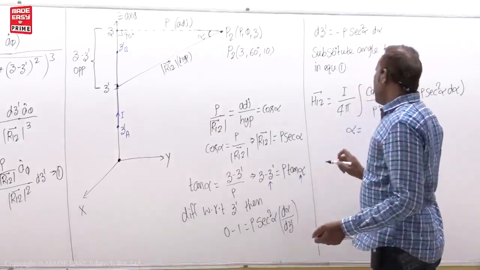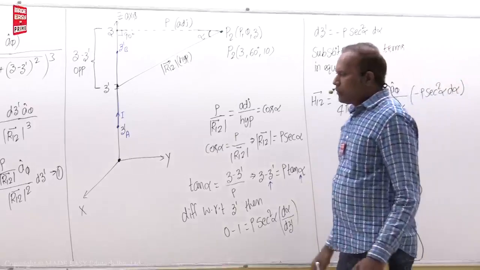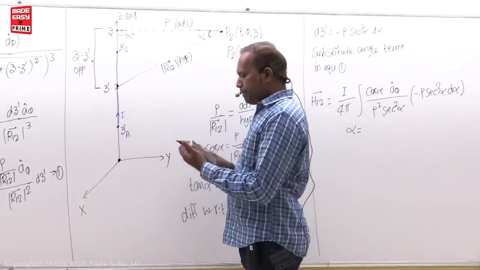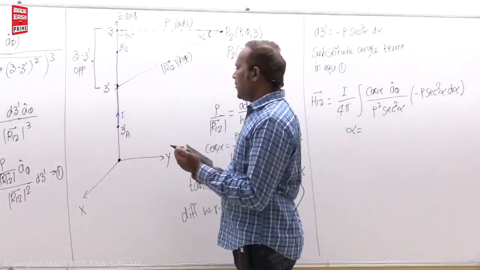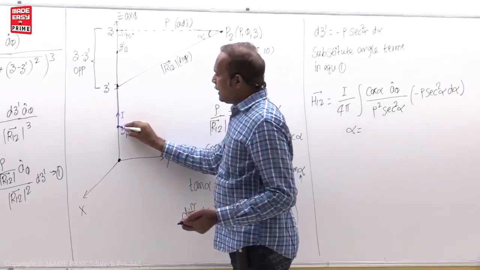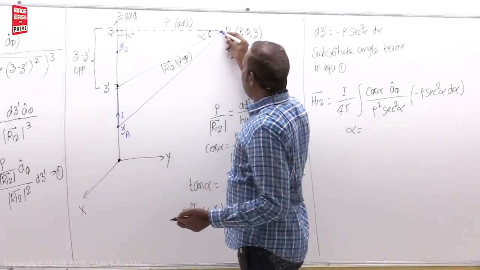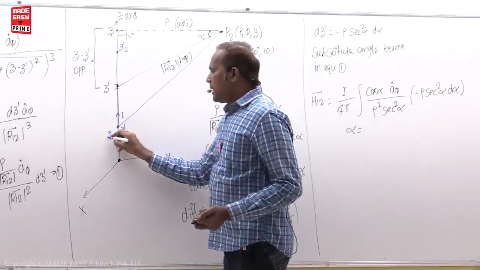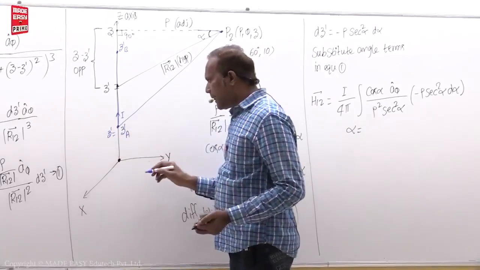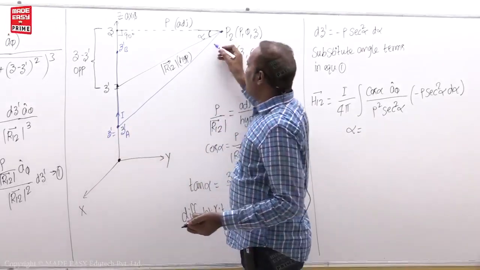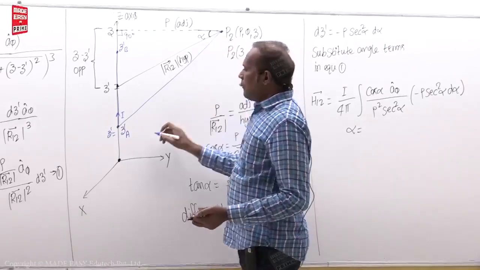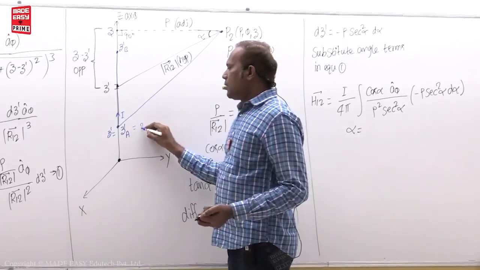Now, if z dash height is equal to z dash a, then this line moves here. For example, let us say z dash a is equal to 2 meter.